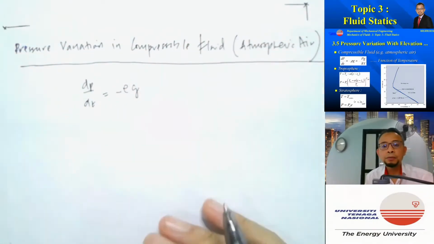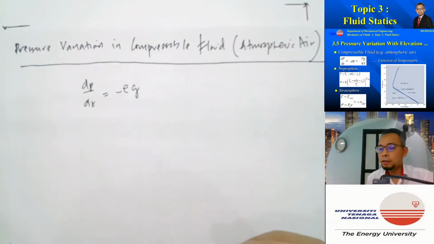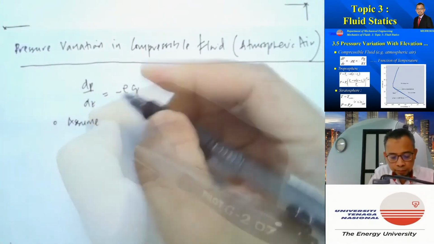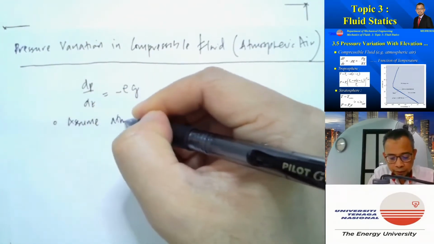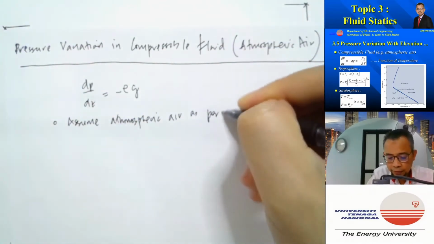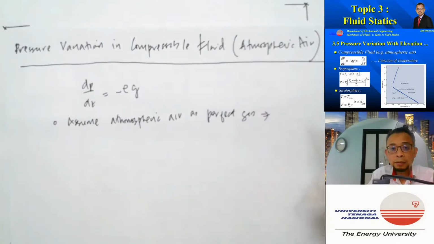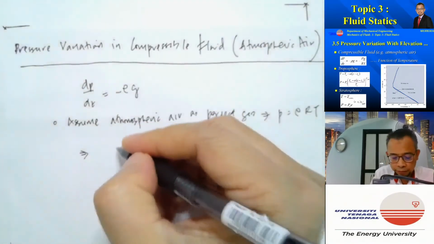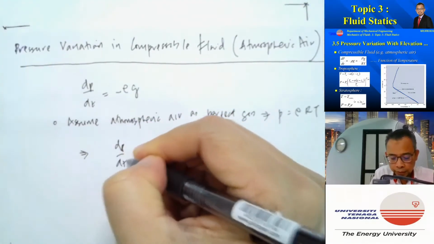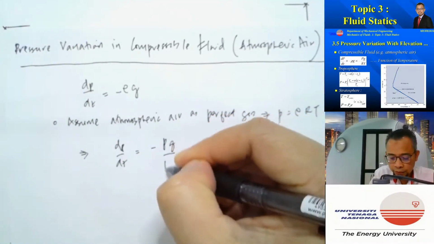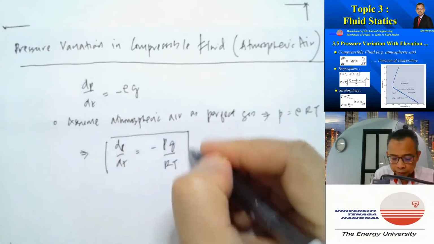This is applicable to compressible and incompressible fluids. If we assume atmospheric air as a perfect gas, we can write P is equal to rho RT. Hence, dP/dz is equal to minus Pg over RT.